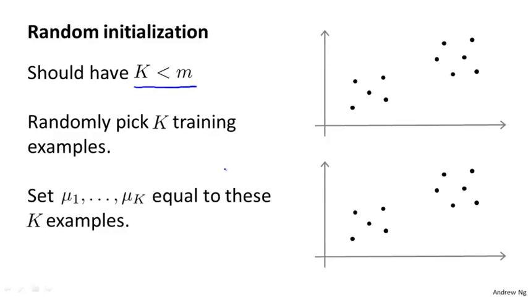So the way I usually initialize k-means is I would randomly pick k training examples. So, what I do is then set mu1 up to mu k equal to these k examples. Let me show you a concrete example. Let's say that k is equal to 2, and so on this example on the right, let's say I want to find 2 clusters.